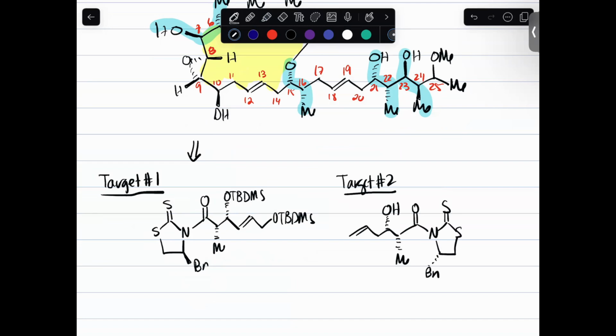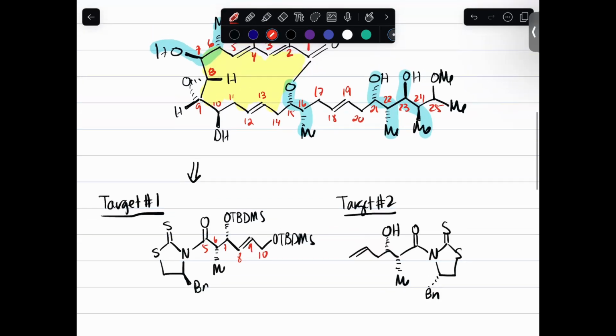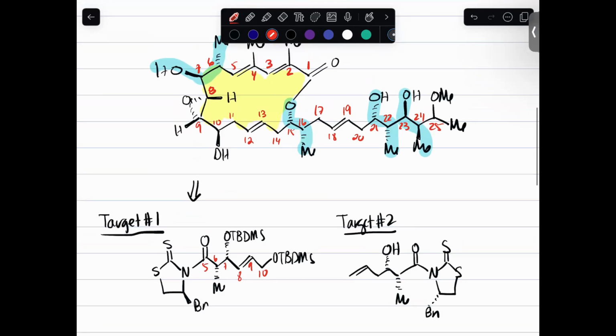Let me first talk about target number one. You can see that target number one is specific to this area of the molecule. And target number two is actually starting materials for two parts of the molecule.